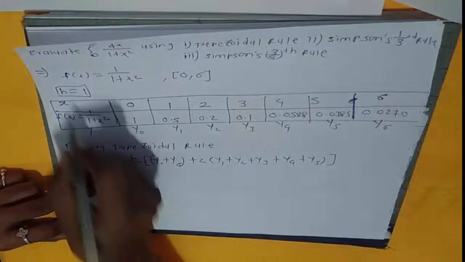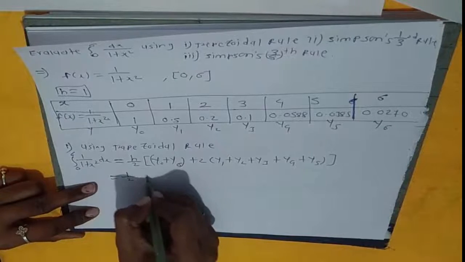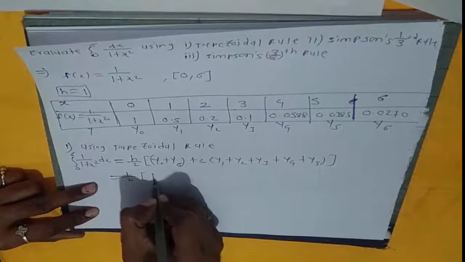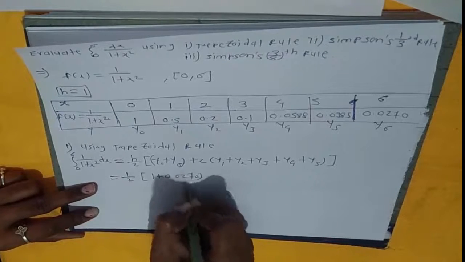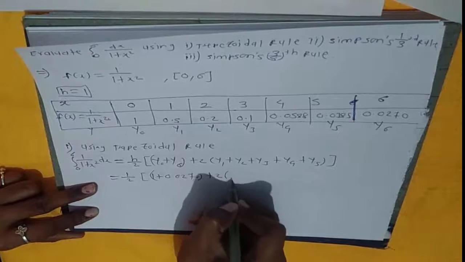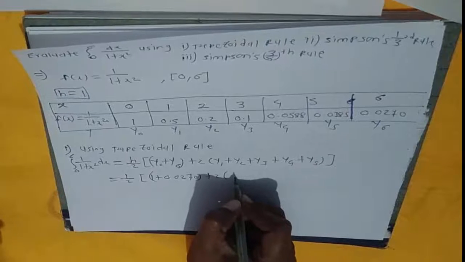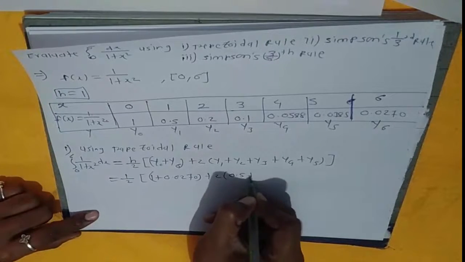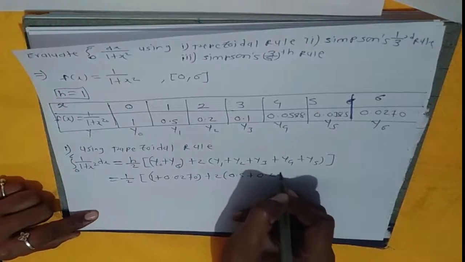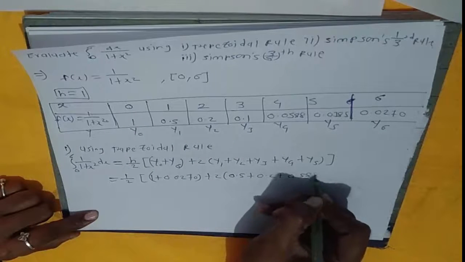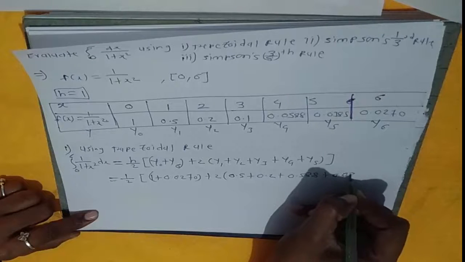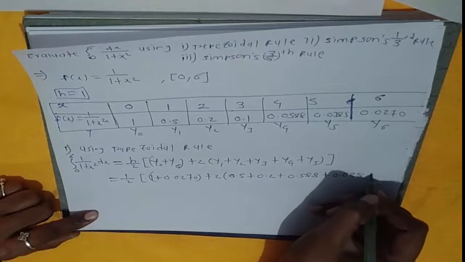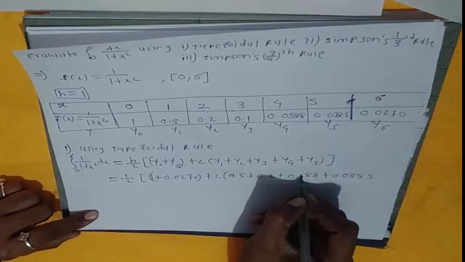So simply here we put the values of the ordinates. h will be 1, so 1 by 2 in bracket, y0 is 1 plus y6 is 0.0270, plus 2 in bracket, y1 is 0.5 plus y2 is 0.2 plus 0.1 plus 0.0588 plus 0.0385.